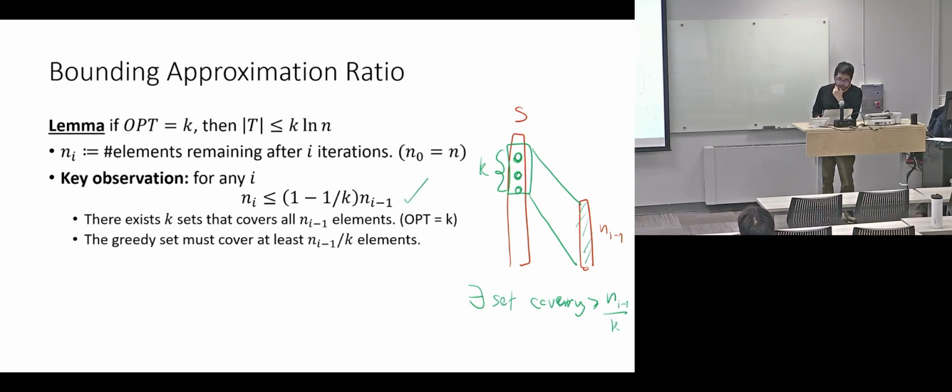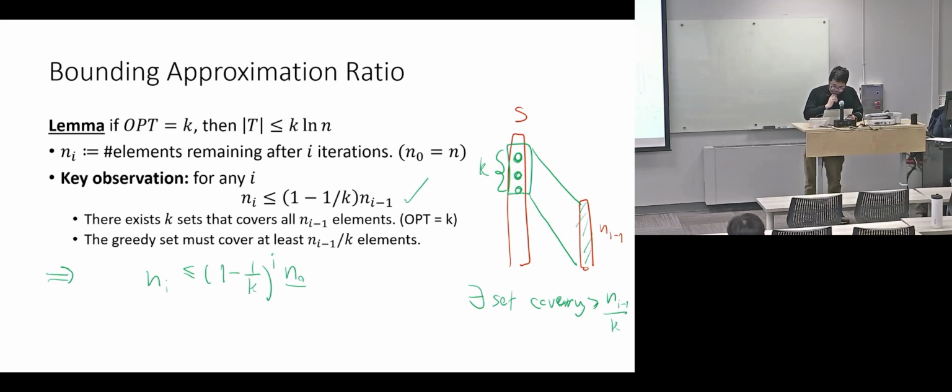Okay. So now, once we know this, how big can Ni be? Well, it's going to be at most (1 - 1/k) to the i times n0, which is n.